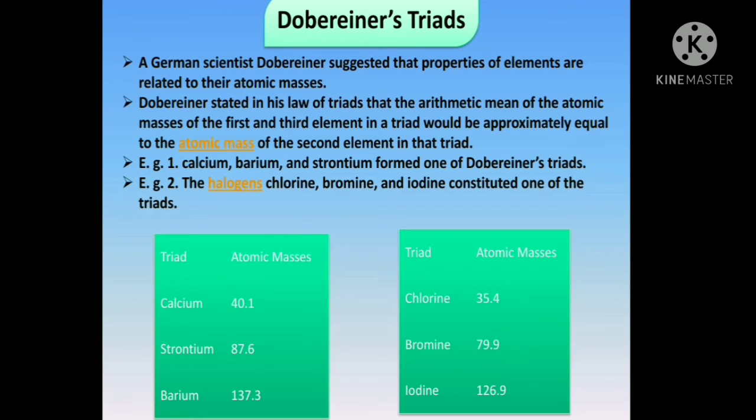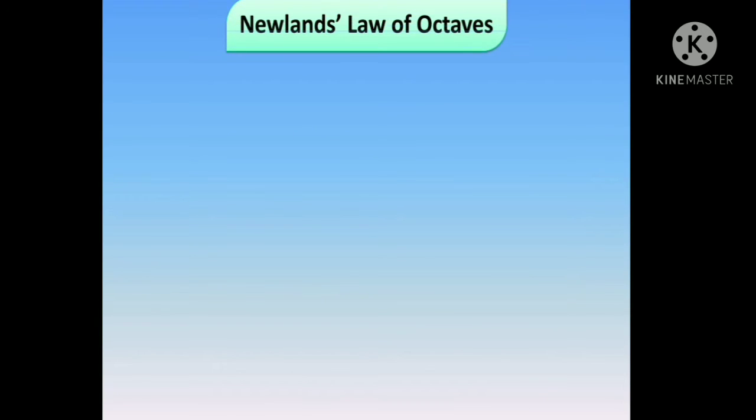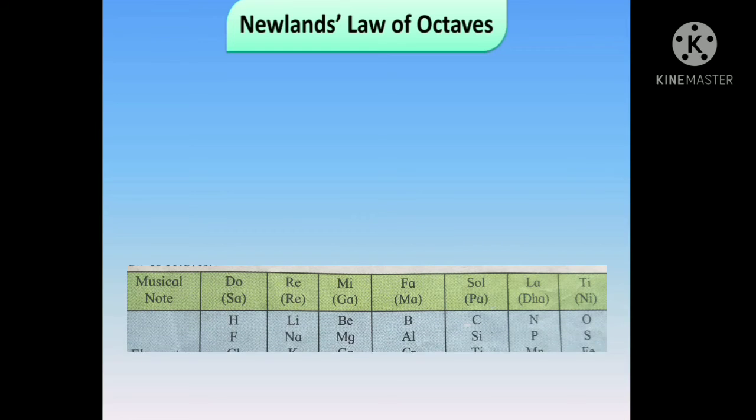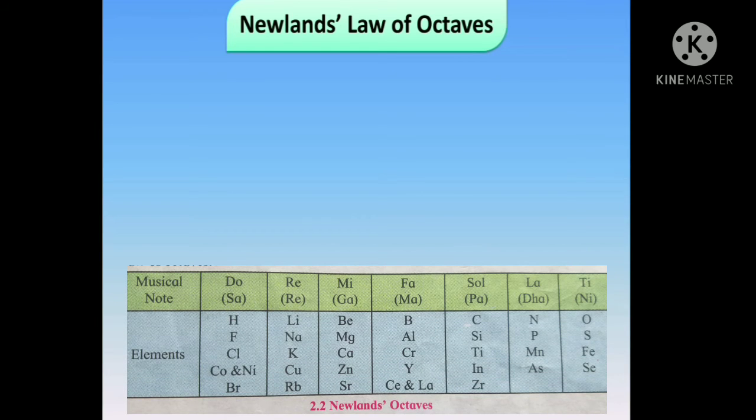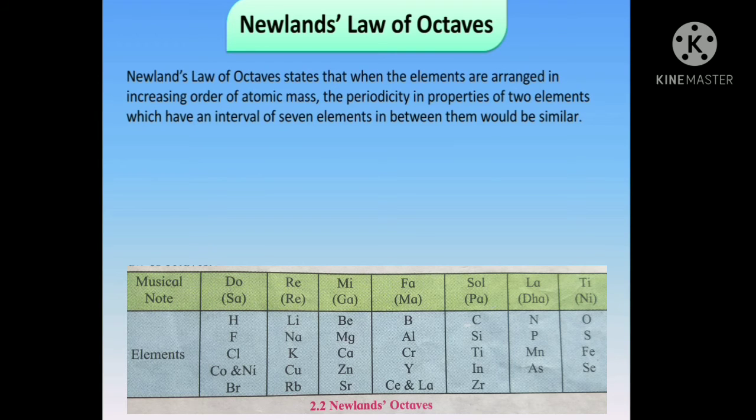Next came Newland. The scientist Newland correlated the atomic masses of elements to their properties in a different way. In the year 1866, Newland arranged the elements known at that time in an increasing order of their atomic masses.